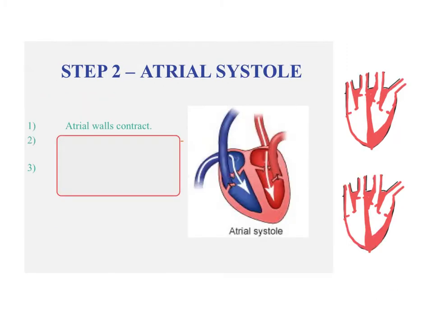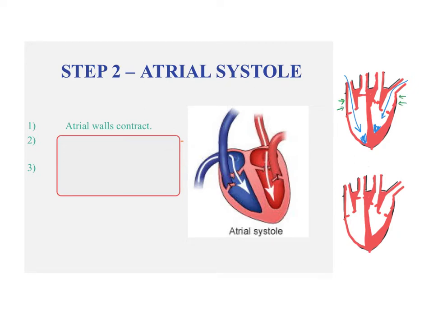So now we know that we started with some blood in the bottom of our ventricles, that passive flow from the end of diastole. And we know that all of our semilunar valves are closed, but our atrioventricular valves are open. And the first part of atrial systole, which is really, really important, is that the wave of excitation, that electrical impulse that passes through the heart tissue, causes the atria to contract.